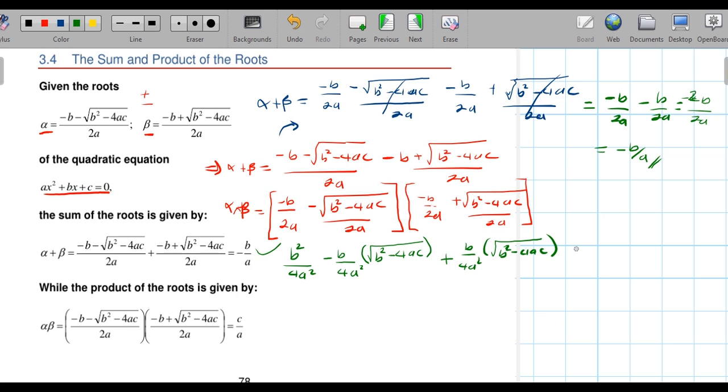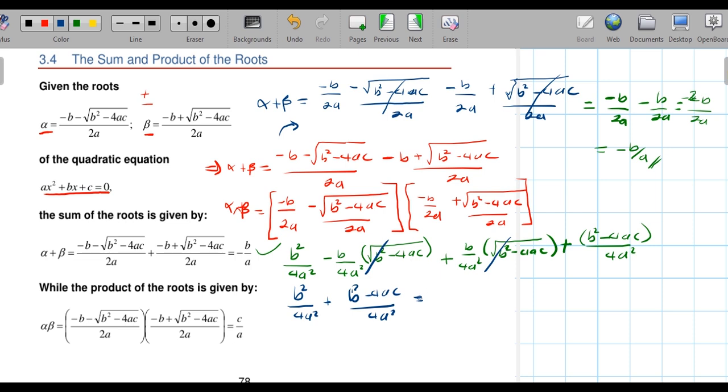Then this will be minus b squared minus 4ac divided by 4a squared. From here you can see clearly that this and this will go, because one is the additive inverse of the other, which is 0. So what you have remaining is b squared over 4a squared minus b squared minus 4ac divided by 4a squared.